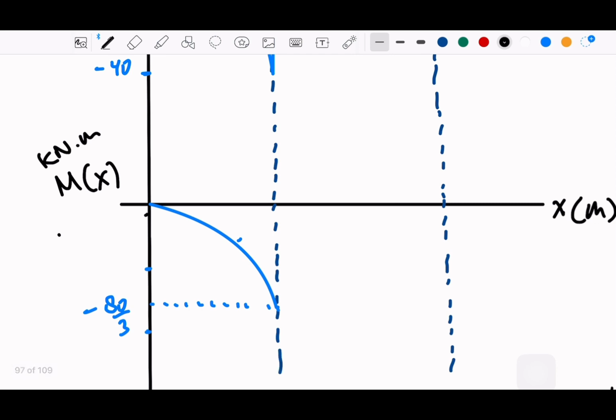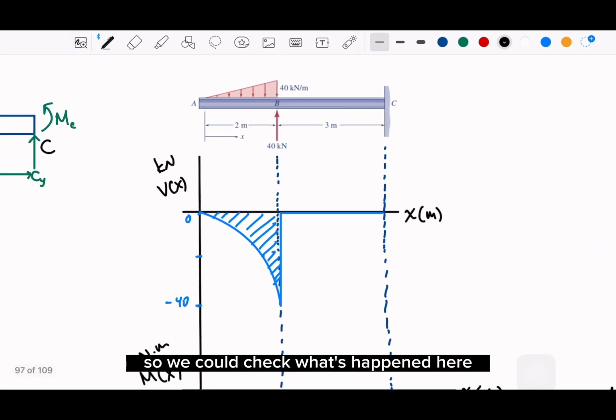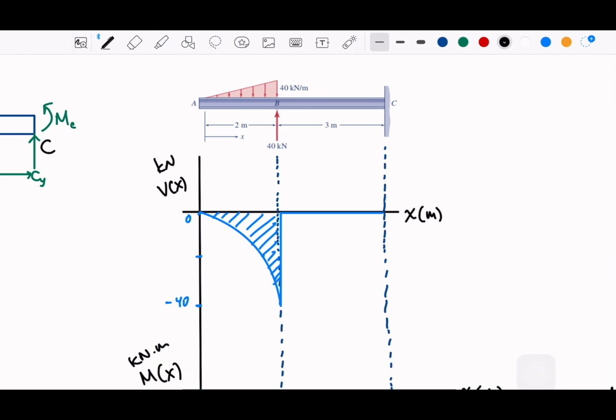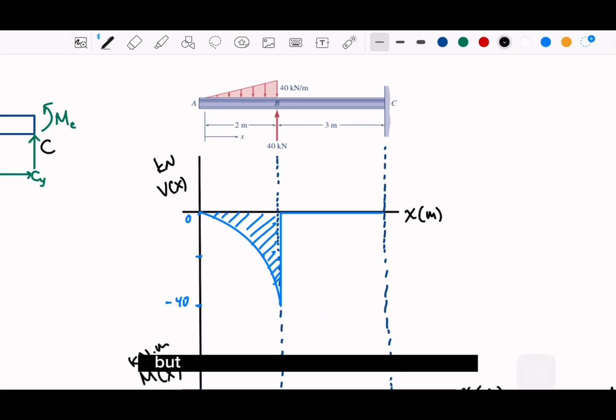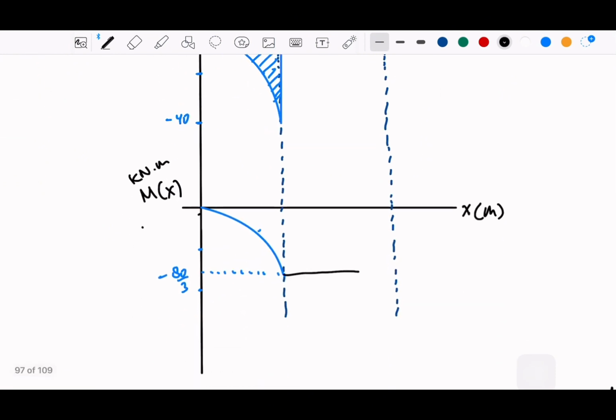So we could check what happens here, or if you would like, you could always take the segment BC, but you will get the same results. So this will be that.